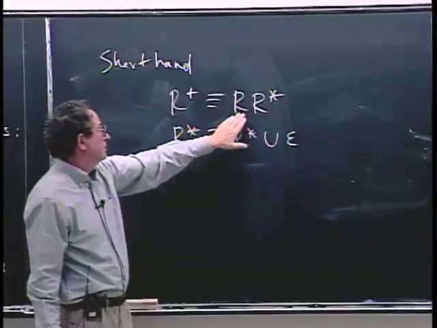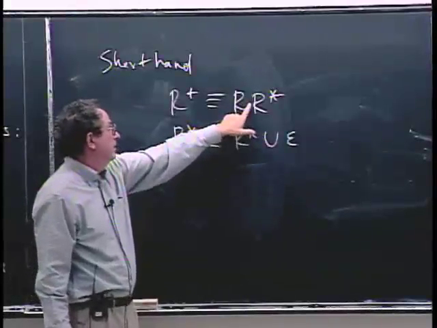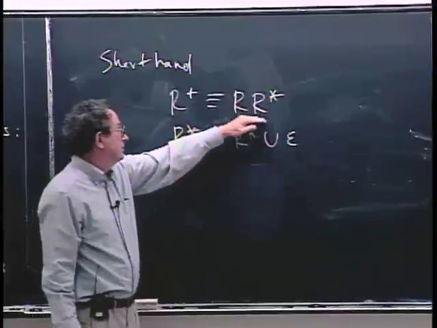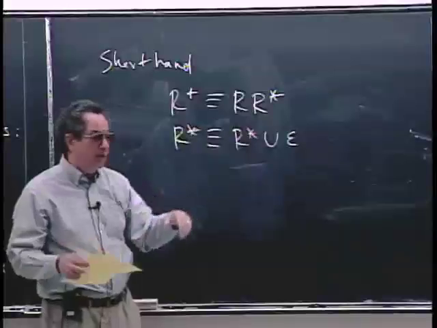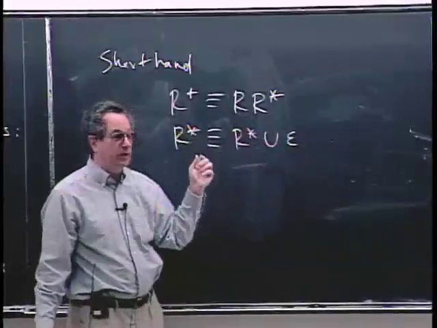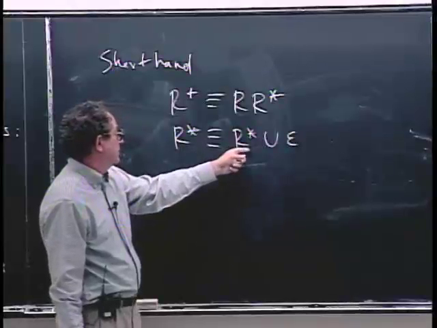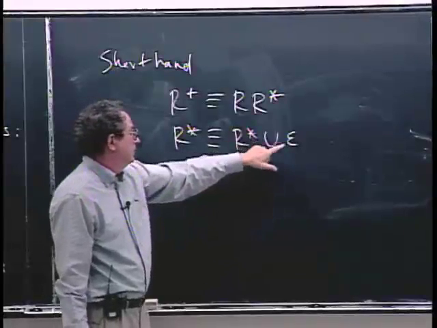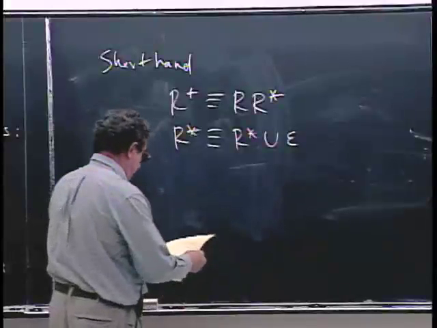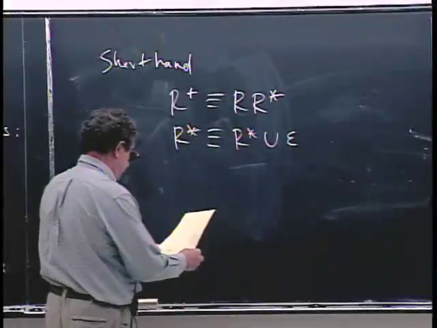This is some regular expression concatenated with that regular expression starred. So this is describing a regular expression in an abstract way. This is also describing a regular expression in the abstract way. It's whatever this regular expression is, union that regular expression. Okay? And we know the union of two regular expressions is a regular expression.